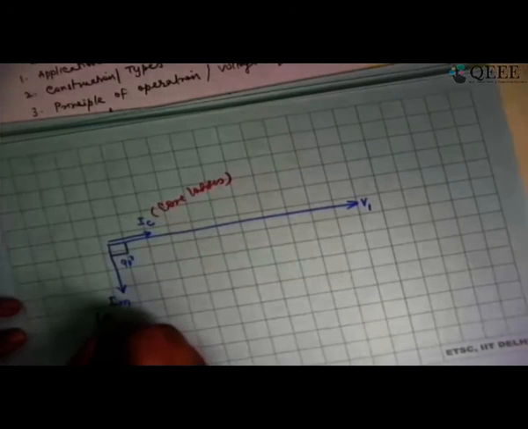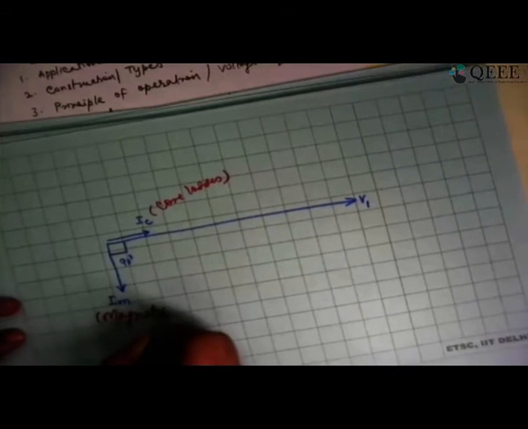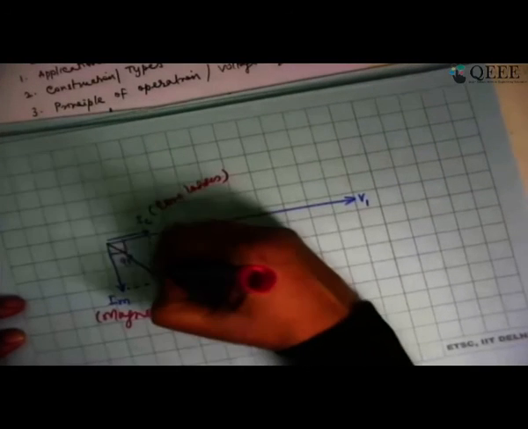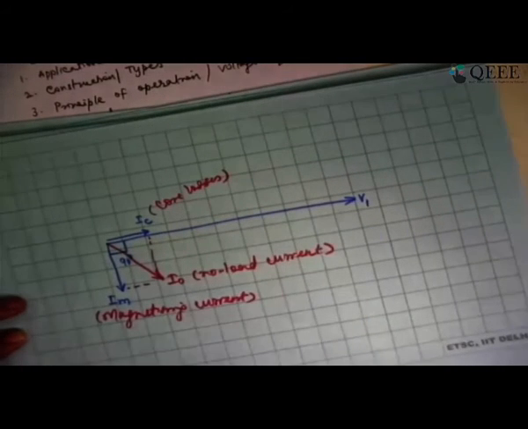This is the magnetizing current. Now when I add these two, I am going to get I0, the no load current of the transformer. This is the overall no load current of the transformer.